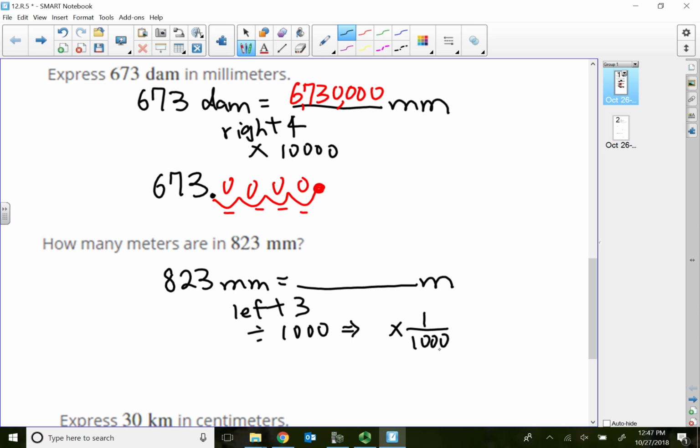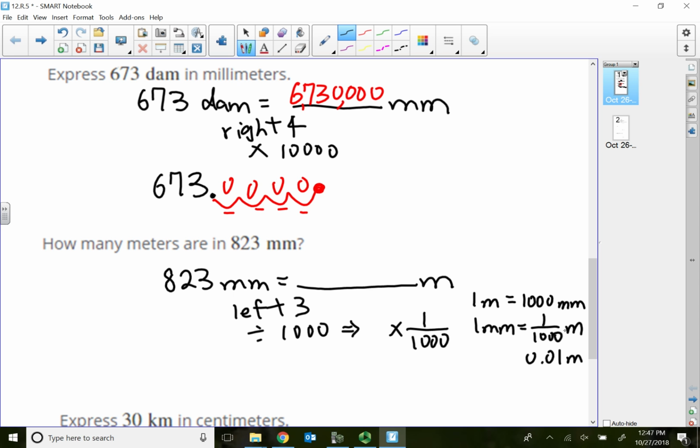So the 1,000, okay, this ratio is actually trying to show you that 1 meter is actually equivalent to 1,000 millimeter. Or vice versa, okay, I can say 1 millimeter is also 1 over 1,000 meter. 1 over 1,000 is 0.001 meter.